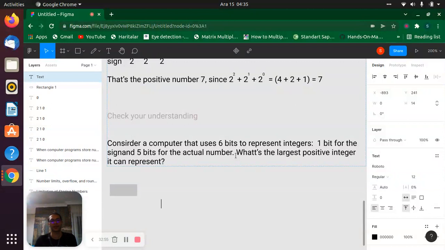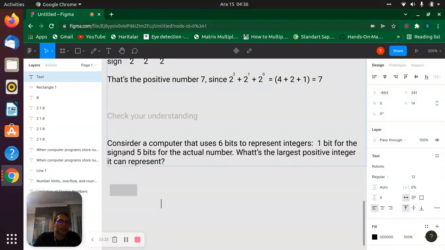Now, what do you think we can do for that? If we think 6 bits, we have to think 6 power of 2, which will be 64. We know that, right? We are not looking for 64 because that is our sign.